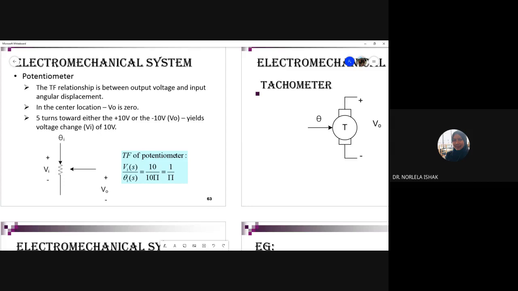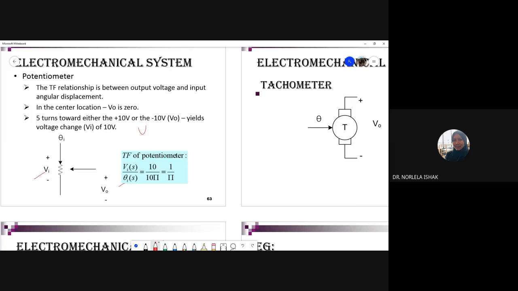Where are we? From here we can derive the transfer function. The transfer function of the potentiometer is Vi input over output equal to this one. From the transfer function we can derive Vi.